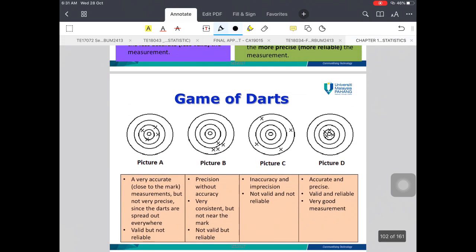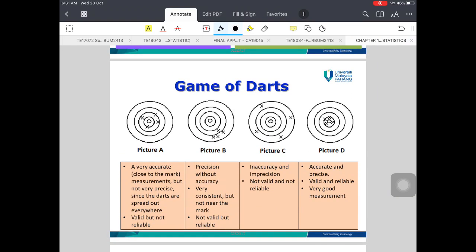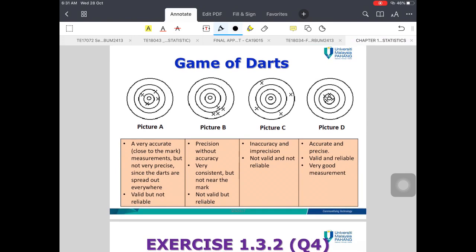You can see the game of dots here in this table, used to illustrate the accuracy and precision of your measurement. From picture A, the distribution of the data is very accurate, close to the mark, which is the true measurement, but not very precise, since the dots are spread out.